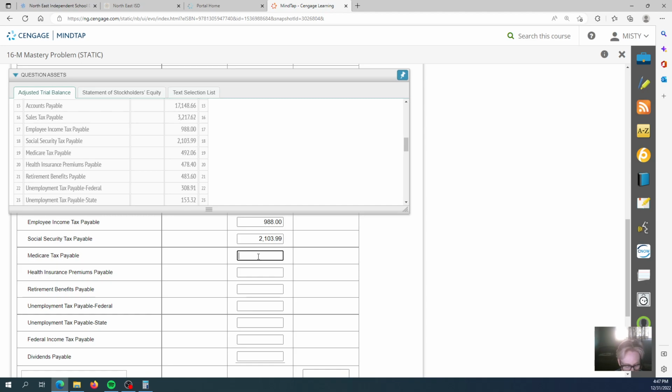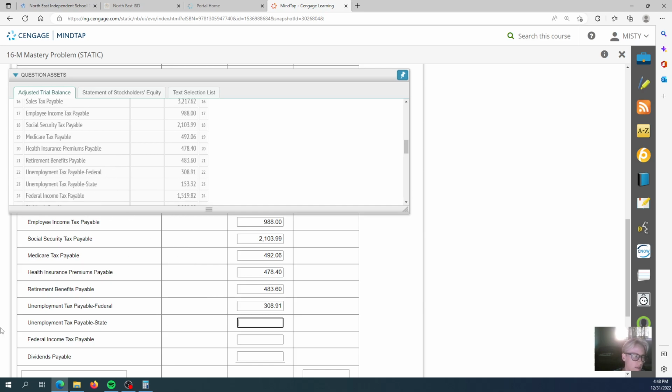Medicare tax. Health insurance premiums payable. Retirement benefits payable. Unemployment tax payable. Unemployment tax payable state. So remember, we have federal and state.